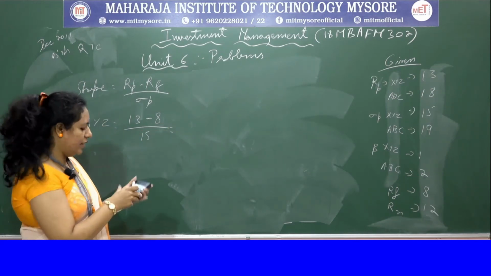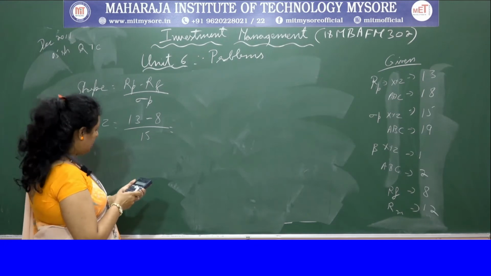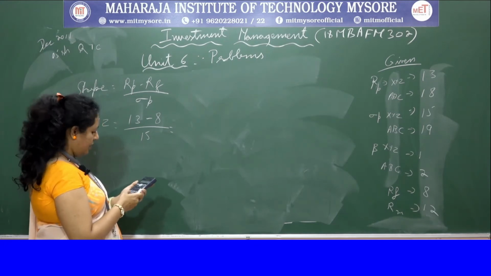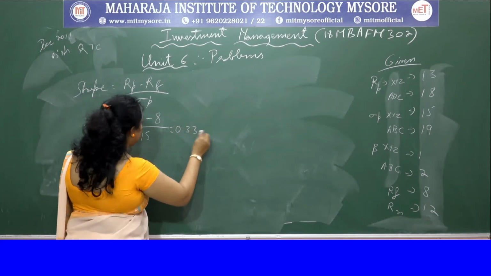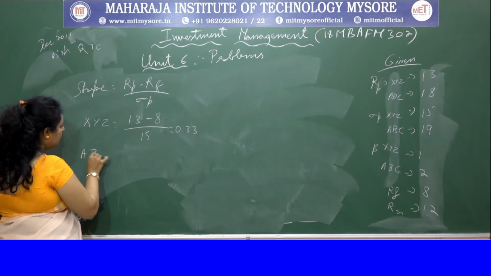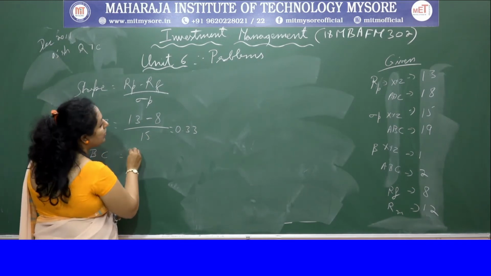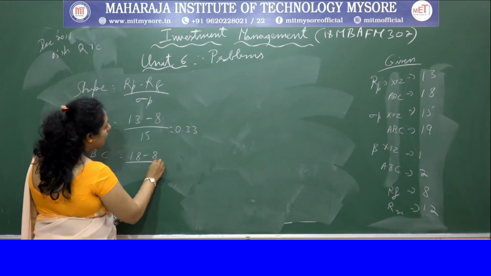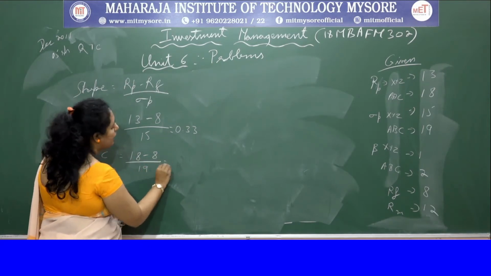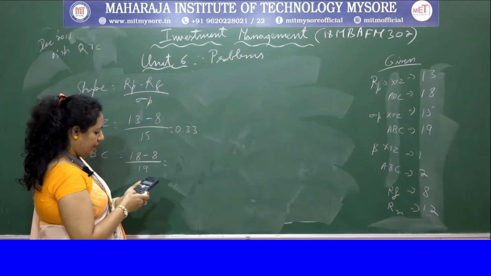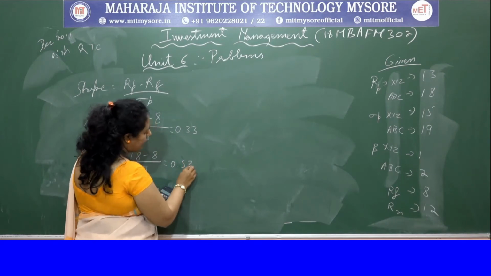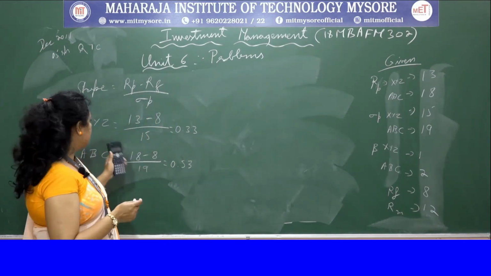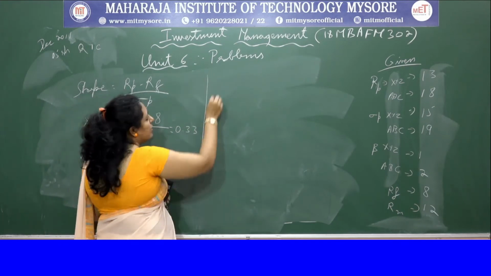So let's do the calculation. 13 minus 8 is 5 divided by 15, you get 0.33. In the same way, you are going to do ABC. ABC is 18 minus 8 divided by 19. So 10 divided by 19, you get 0.526. So I will take 0.53. Okay. So this is Sharpe. Next is Treynor.